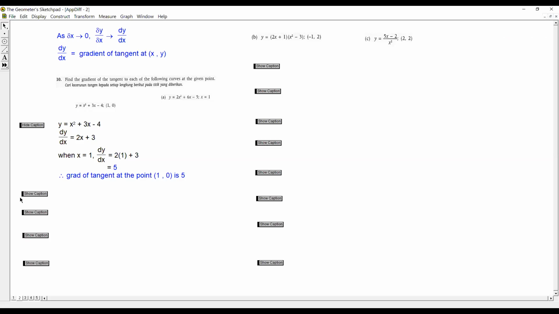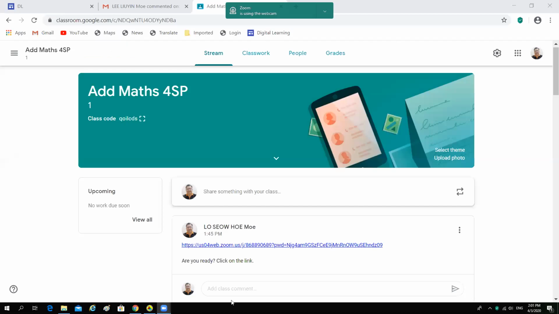So if you have no question, then we continue with question A. Now, all these questions, A, B, C, D, E, are all inside your Google Classroom. Let me transfer to Google. Now, all these questions are inside your assignment.